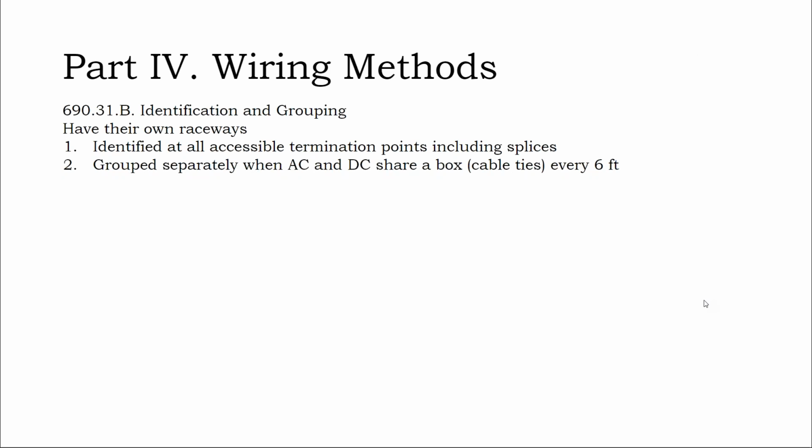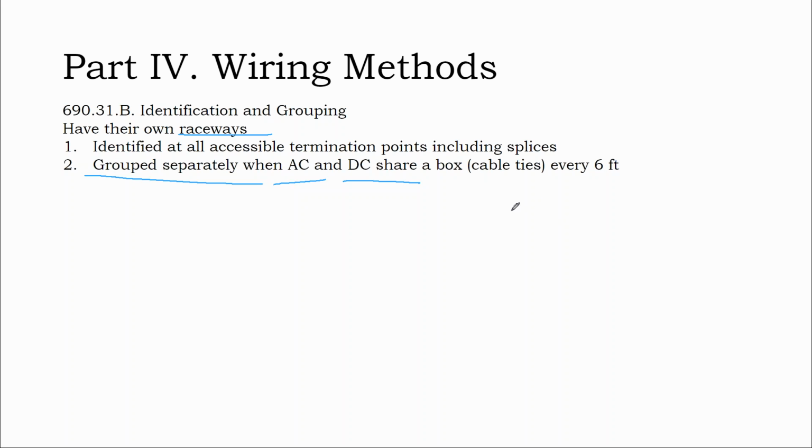So for identification, solar circuits need to have their own raceways. They can't be combined with other loads. They need to be kept to themselves, but that can include the AC and DC conductors. When sharing a box, there doesn't even need to be a barrier. They just have to be grouped separately.